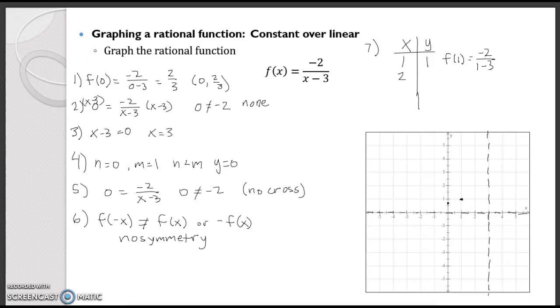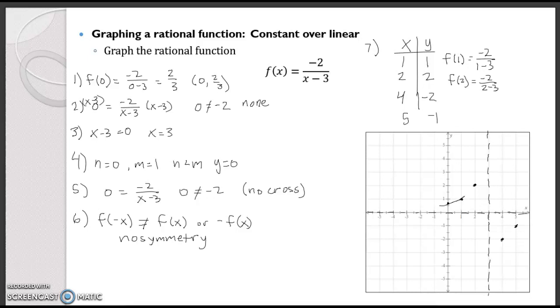When I plug in 2, f of 2 is negative 2 over 2 minus 3, which is a positive 2. So at 2, we're also at positive 2. Now, let's plug in some x values on the right-hand side of our asymptote. If I plug in 4, I get negative 2. And if I plug in 5, I get negative 1.